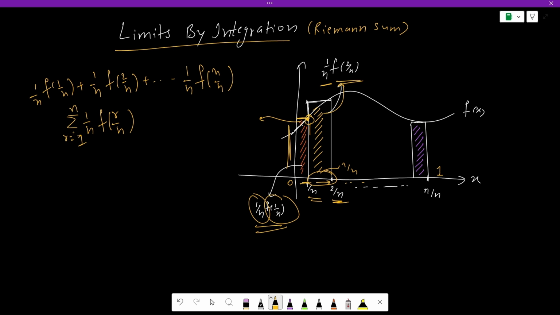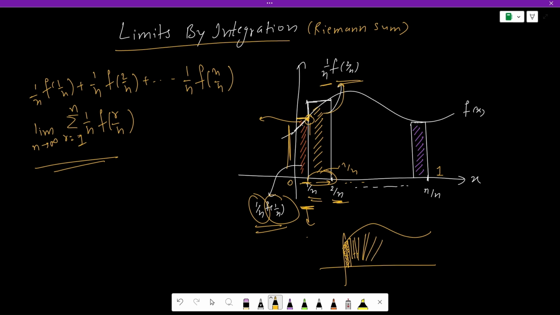Now what we will do is take the limit n tends to infinity. What this means is that we have squeezed this thickness to a very small value, and eventually we are taking the area under the curve. As you can see, if we take very small rectangles, this area, another very small rectangle, this area, and so on.